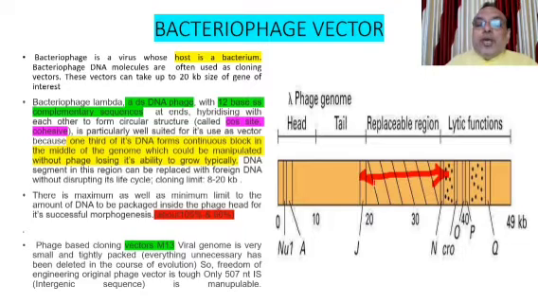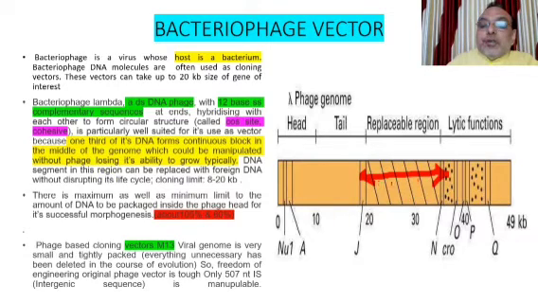That is, this region could be replaced by the stretch of DNA which we desire to clone. Here you can see one-third of the DNA forms a continuous block in the middle of the genome, which could be manipulated without the phage losing its ability to grow typically.